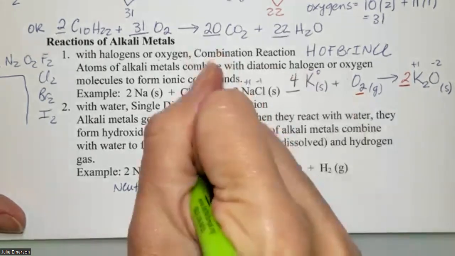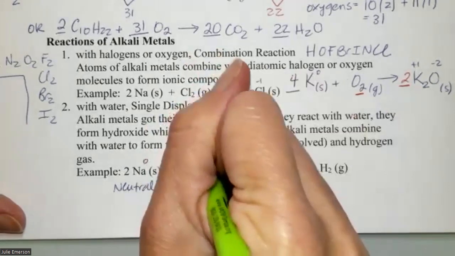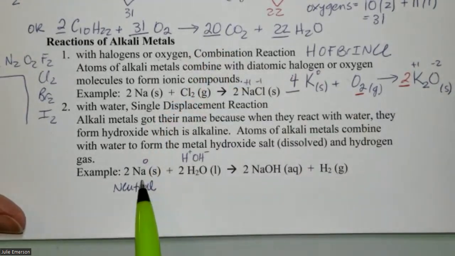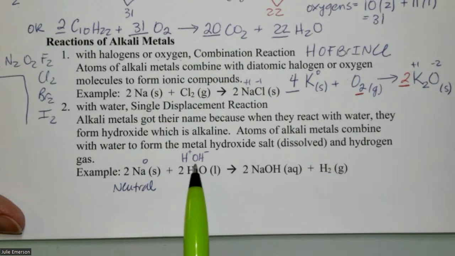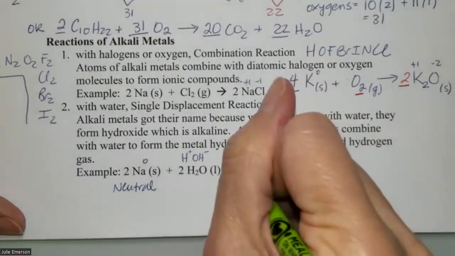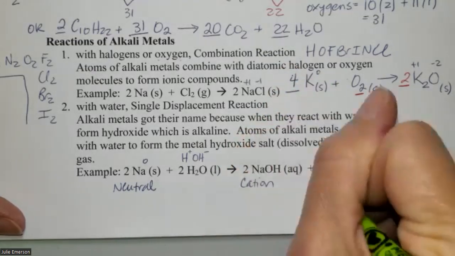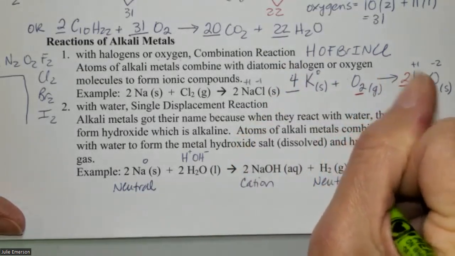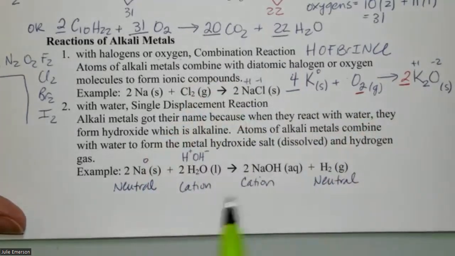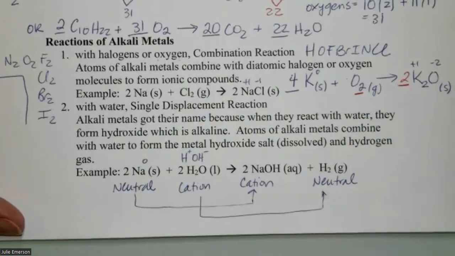So really in the water, we have H with OH. So you have your neutral metal reacting with an ionic compound. In this case, hydrogen is the cation, hydroxide is the anion. If they switch places, the sodium then would become the cation and the hydrogen would become the neutral. All right, so in a single displacement, that's what happens. Neutral becomes the cation becomes the neutral.